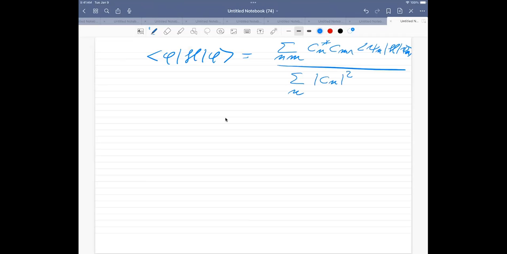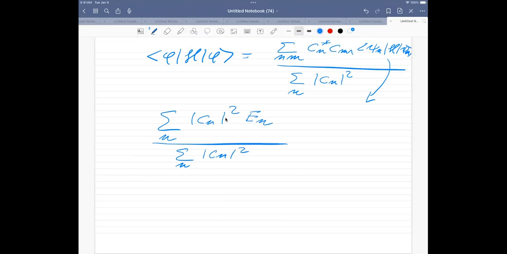And then assume now that I use the orthogonality of the states. And then we know that in case this phi is given by one of the states, then I have the exact energy. But in general, if I order these states, I can replace this in terms of the eigenvalues. So I end up with a sum, which is now given by the eigenvalues, just a constant here, divided by the normalization constant.